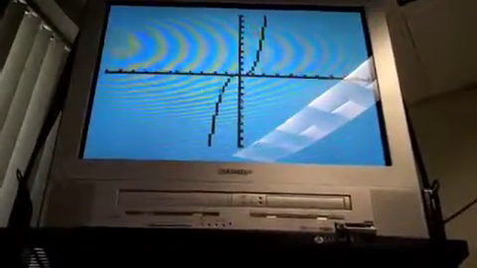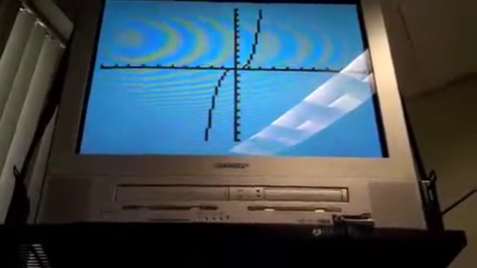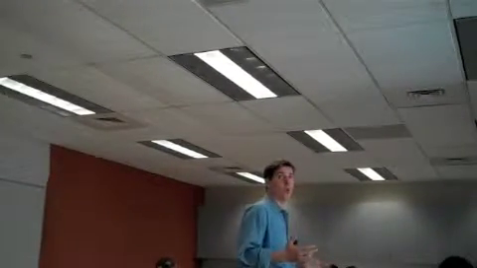Tangent? X cubed. Well, is it half x cubed? Is it like 2x cubed? I don't know. What do you guys think it is? How do you know it's x cubed? What can we do now? Take a look at your table.